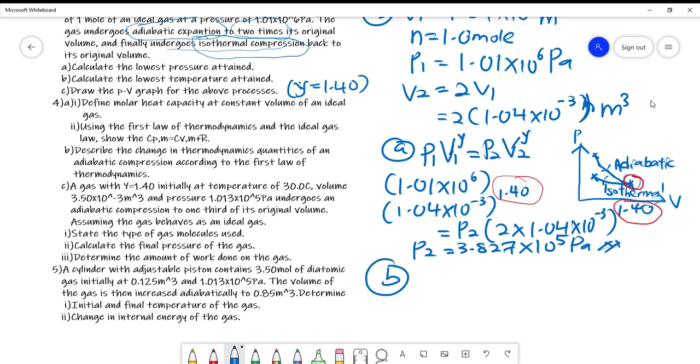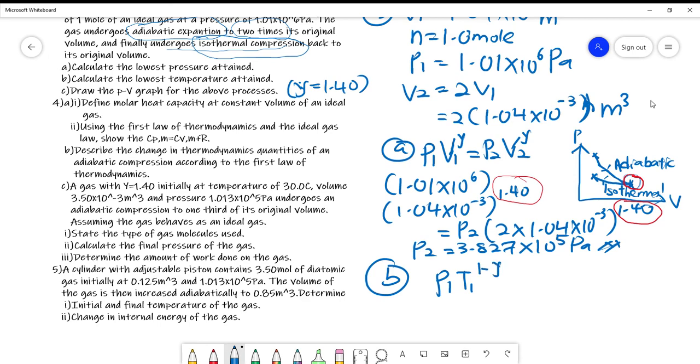So calculate the lowest temperature attained. So what will be our lowest temperature? Let me just think about it. What we have is P1 T1 to the power of 1 minus gamma.